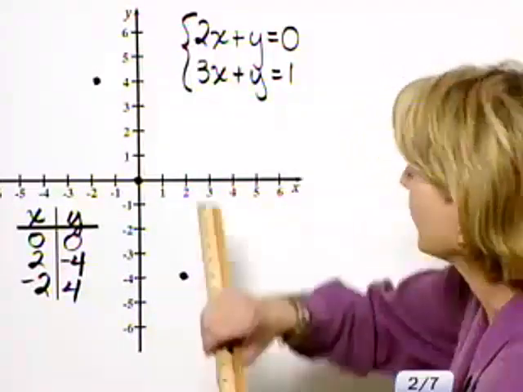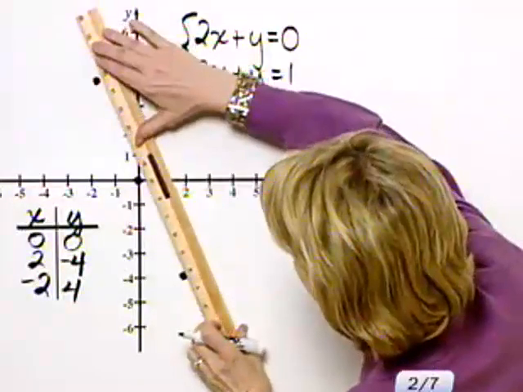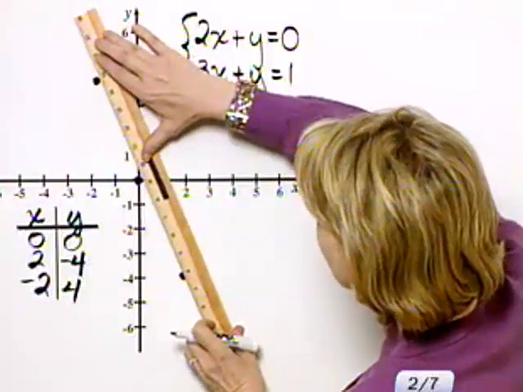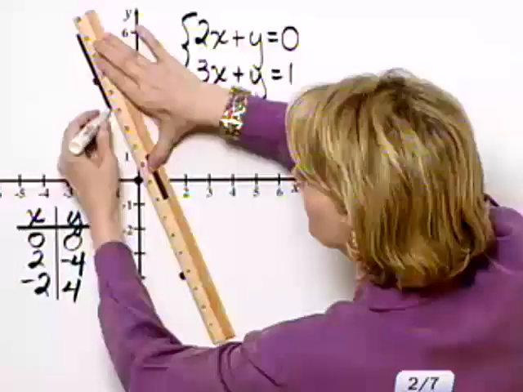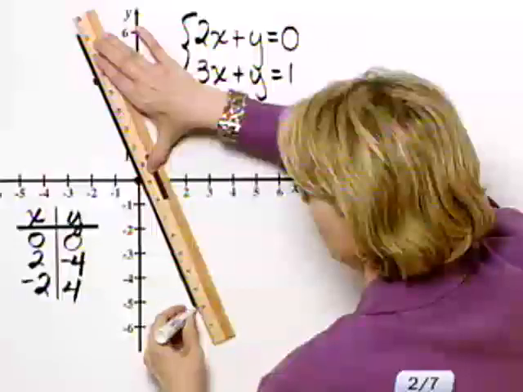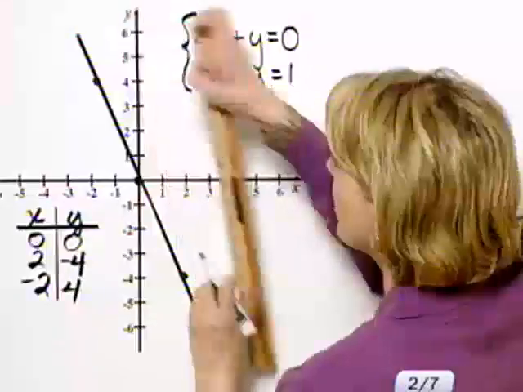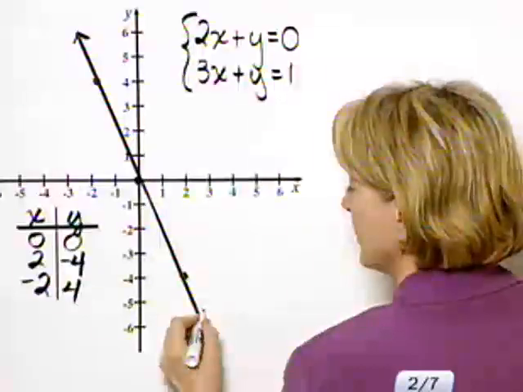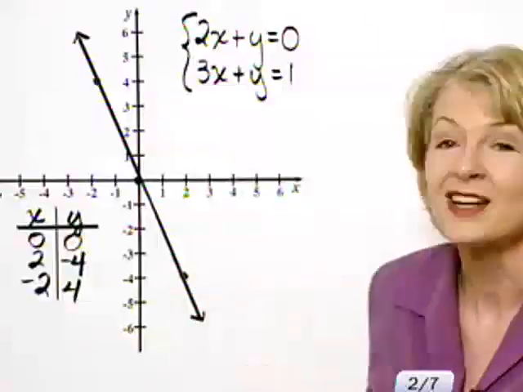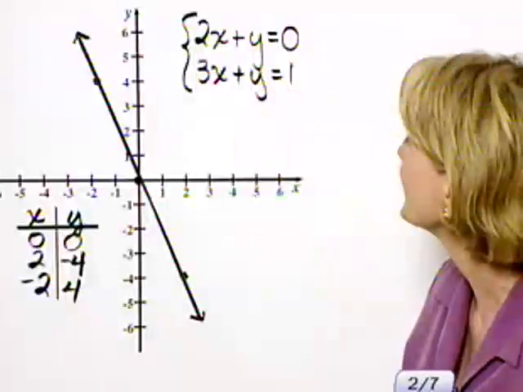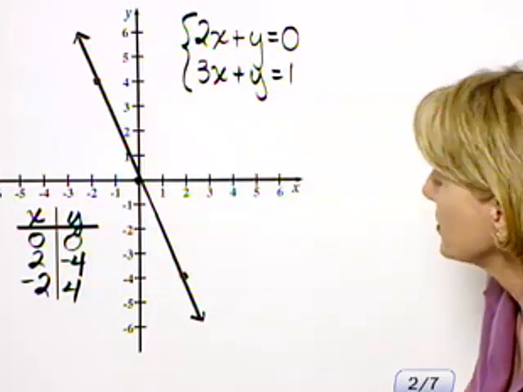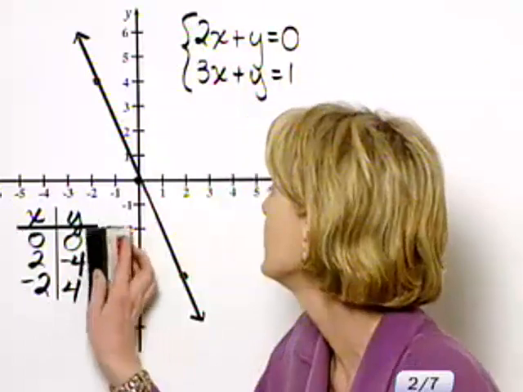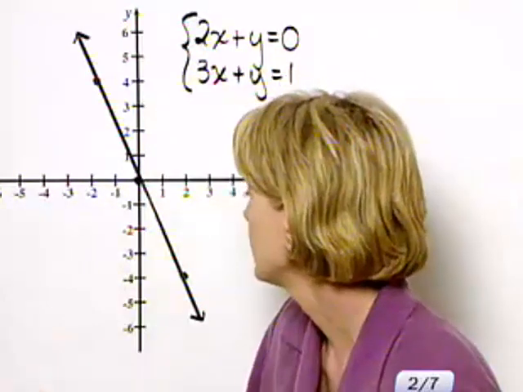And now let's draw a line through those 3 points, and that is the graph of the first equation in our system. Every single point on this line is represented by an ordered pair, and it is the solution of the first equation. Now let's graph the second equation, so let's write up another table.